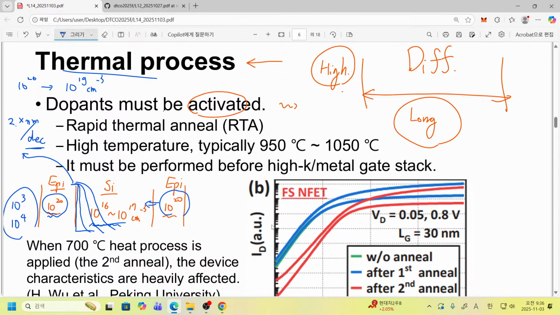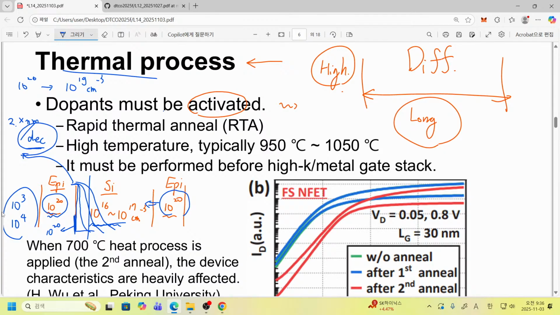So here we have, for example, 10 to the 20, and after just 2 or 3 nanometers into the channel, the doping concentration becomes 10 to the 19. 2 nanometers corresponds to just 4 cubes in our silicon cubic structure. So if we go 4 or 5 cubes, the doping concentration is reduced by a factor of 10.